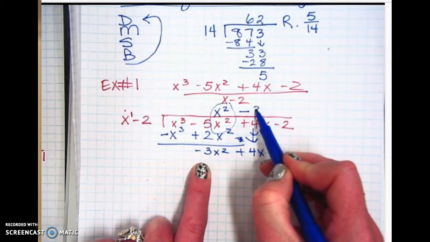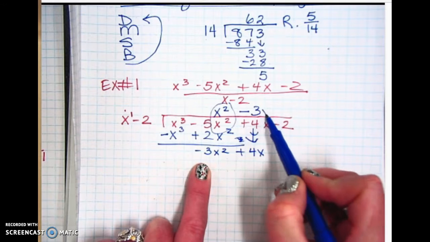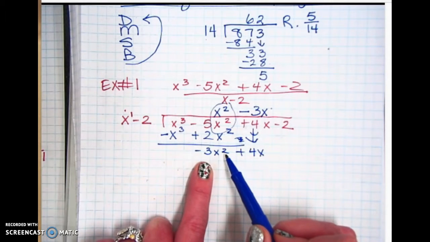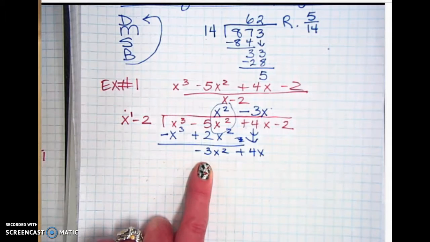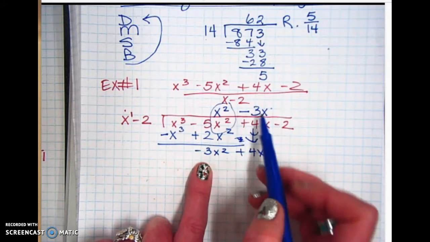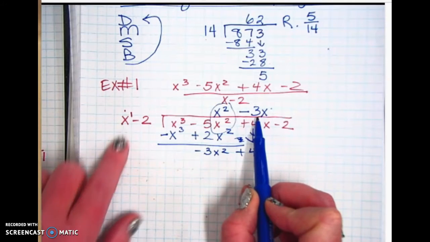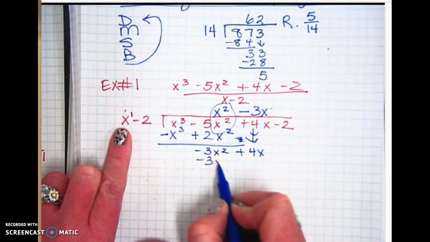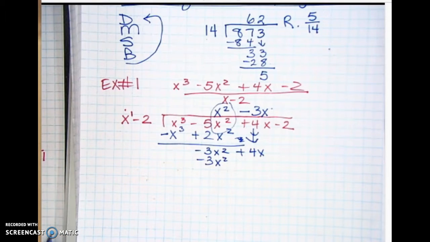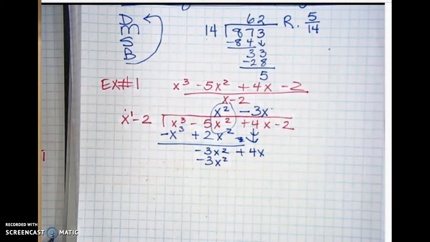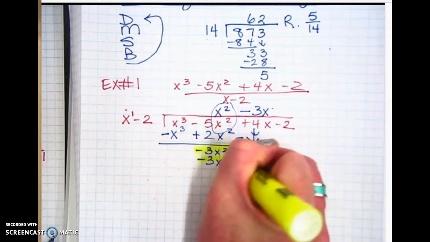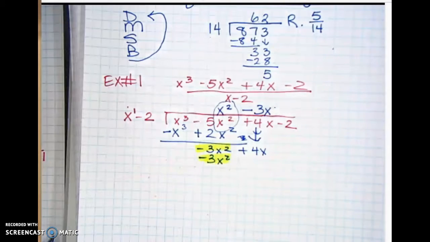We know there needs to be a 3 and x to the first, right? Because x to the first times x to the first would be x to the second. So that's our divide. Now we want to multiply. So we're going to multiply negative 3x times x, which is negative 3x squared. We want these two to be the same, because when we go to subtract them, we should get opposites and they should cancel, right? Okay.